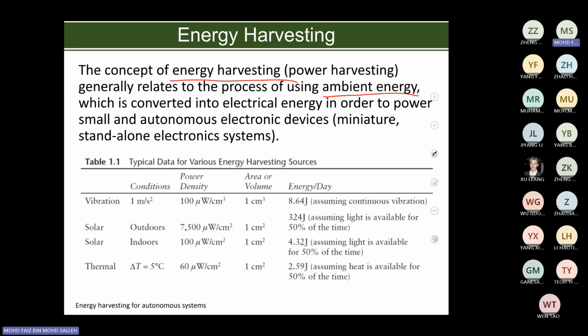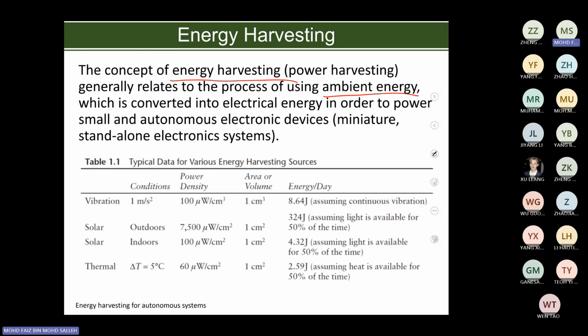But if you do not know what conversion technique can be used to generate electricity, it has no meaning. So that's why you need to have some knowledge of what energy technologies are available to convert that ambient energy into electrical power.